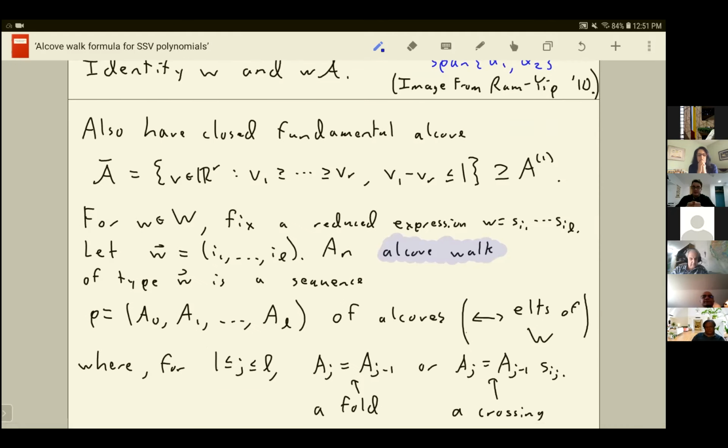Each step is either equal to the previous step, in which case we call that a fold, or it's similar to the previous step, but you multiply on the right by S_ij, where S_ij comes from this reduced expression. Written down algebraically like this, if you've never seen it, it probably makes no sense at all. So let me draw a picture.